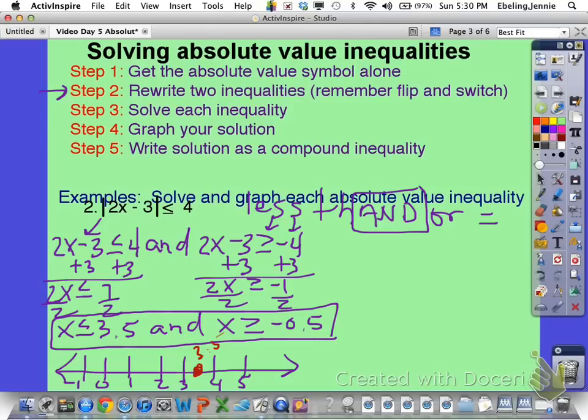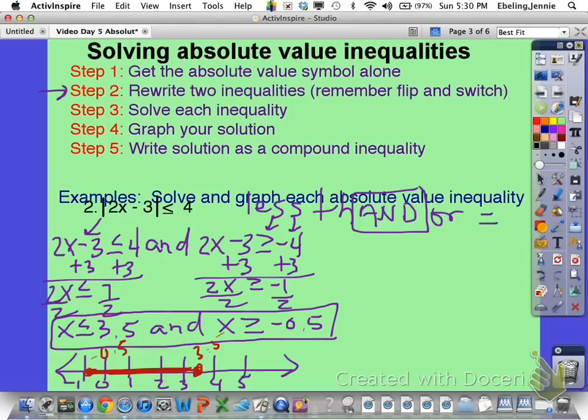And then I shade less than, so that would be to the left. But the other inequality says x is greater than or equal to negative 0.5, so I'm at negative 0.5, and now the shading is greater than. And so this particular situation is between those two values. The solutions that work for this absolute value inequality are the ones in the shaded region.